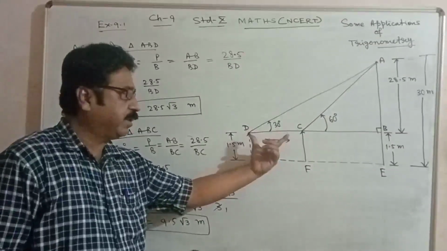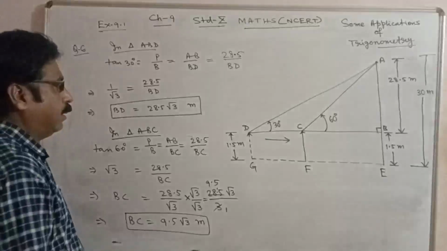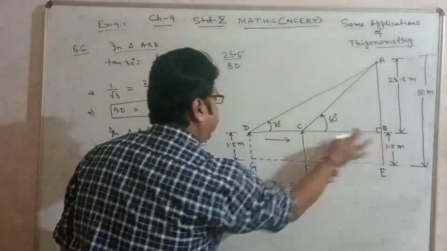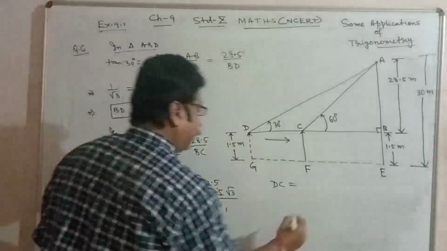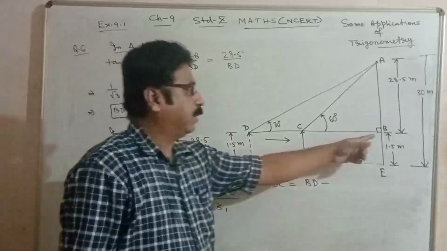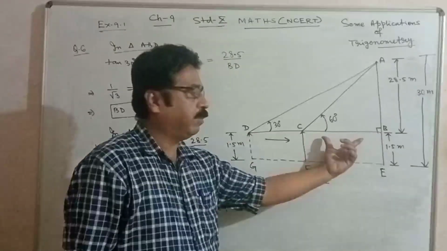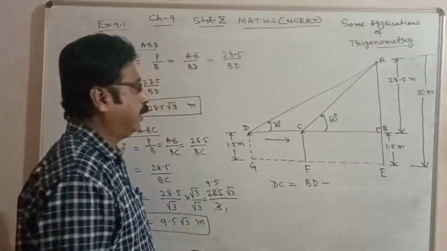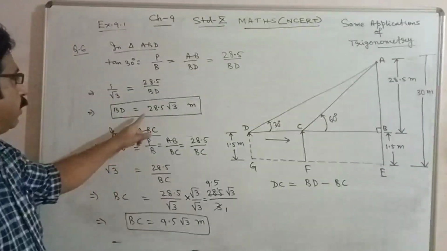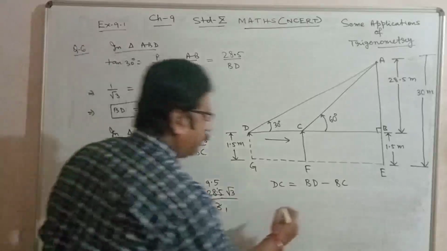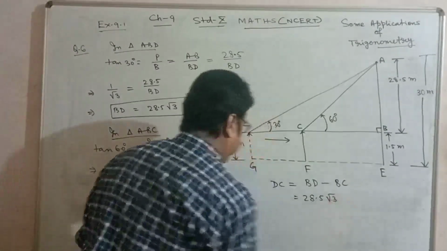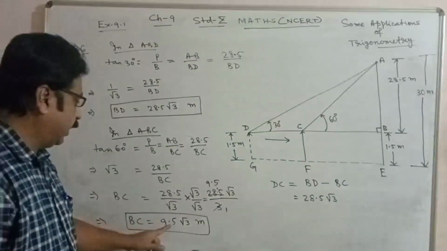DC means distance the boy traveled. So DC will be BD minus BC. We will get DC. BD is known, 28.5 root 3. BC is known, 9.5 root 3.